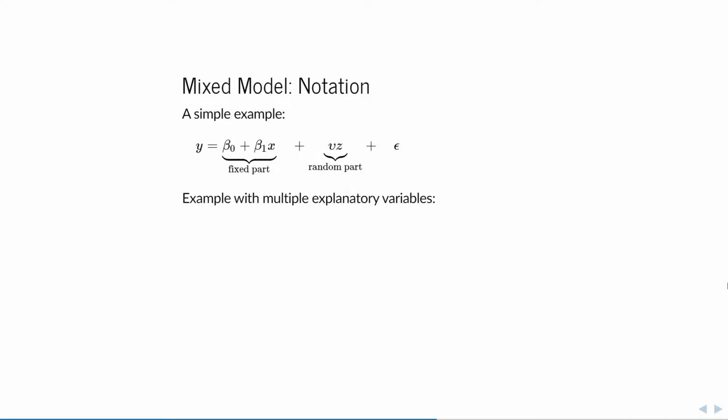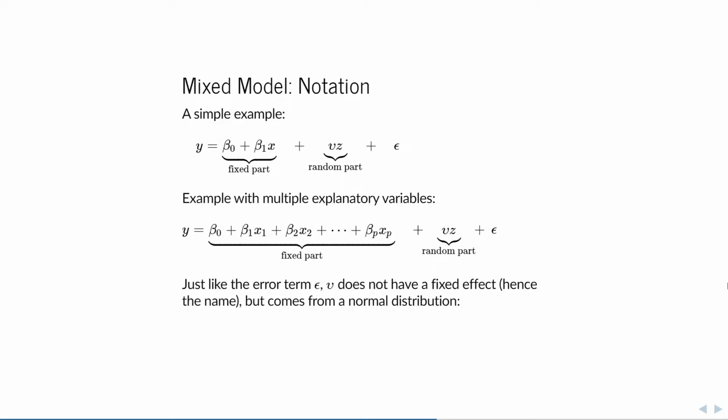All right, if you then consider an example with multiple explanatory variables, the only thing that changes is the size of the fixed part. We could have multiple explanatory variables, but still we can just add a random part to account for the dependency. And just like the error term, epsilon, which does not have a fixed effect, which is why we call it a random effect, it comes from a normal distribution, or at least that's the assumption. So this is how you write that.